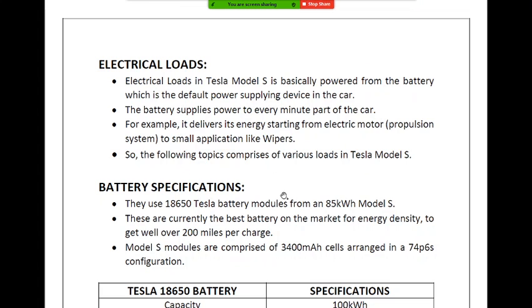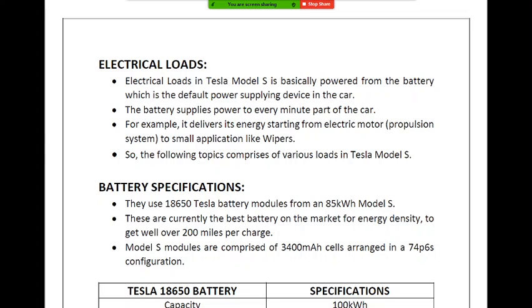And the next thing, electric loads. Normally in any vehicle, be it an IC engine, hybrid electric vehicle, or electric vehicle, electric load is a predominant thing. Every auxiliary application needs electric loads, and not only auxiliary applications, many higher applications also need electric loads.